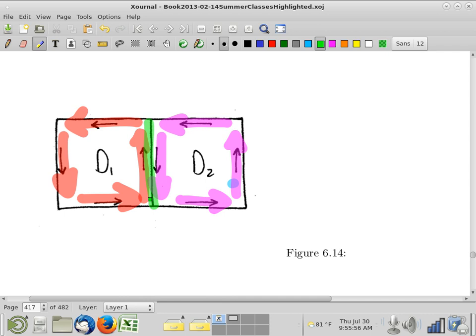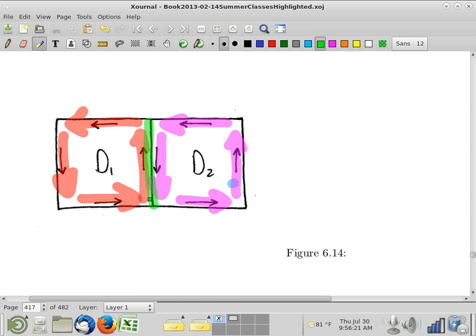That means that if I were computing these line integrals around these two boundaries, I'd be computing a line integral over this curve going up. I'd then subsequently compute a line integral of the exact same curve going the opposite way. I would get exactly opposing values. And they cancel.